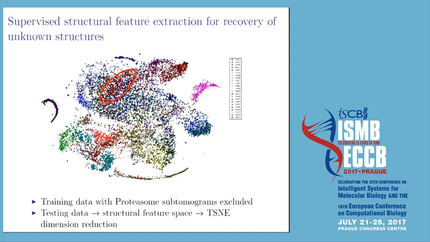So to test this, we first removed the proteasome subtomograms from the training data, and then projected the test data into this feature space. This test data includes both proteasome and other complexes. We found that these proteasome subtomograms are still enriched in certain subregions in this feature space.